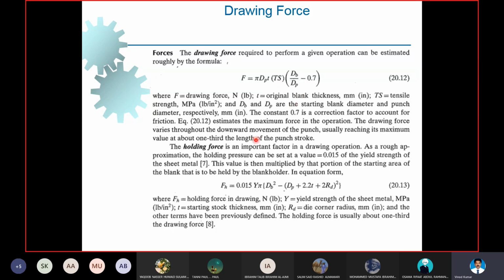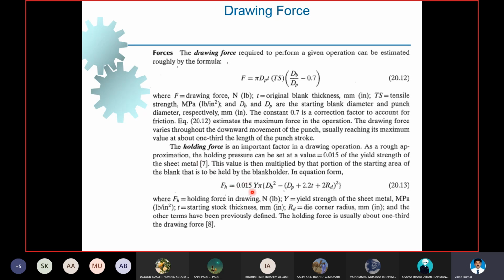Then we need to find another force, which is called the holding force. The force we studied just now is the maximum force required for the drawing operation. Now we have a holding force. What is holding force? After drawing, you need to hold the punch with force for a certain time to undergo the deformation.